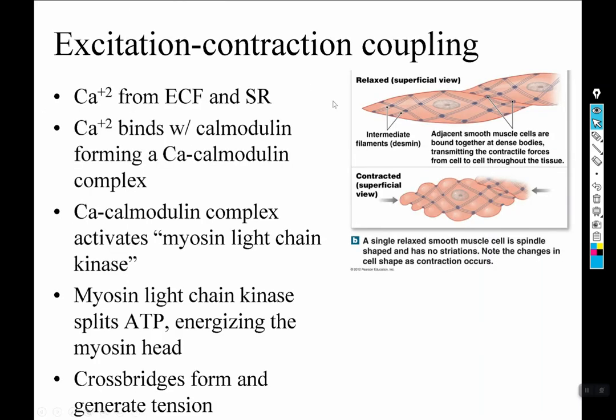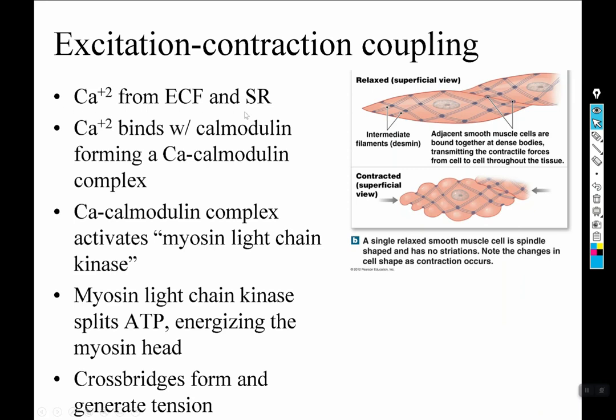So how does this occur? What are the steps? Well, first, as a result of excitation of the smooth muscle membrane, which is not called a sarcolemma, by the way, because this is not a striated muscle. We only use that prefix sarco for sarcolemma, for example, for striated muscle.